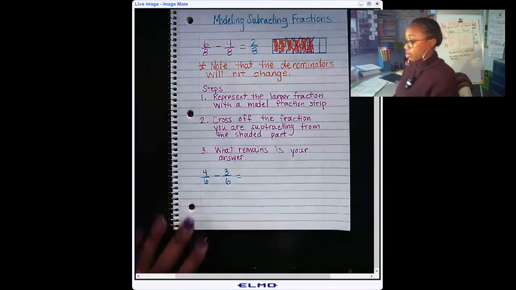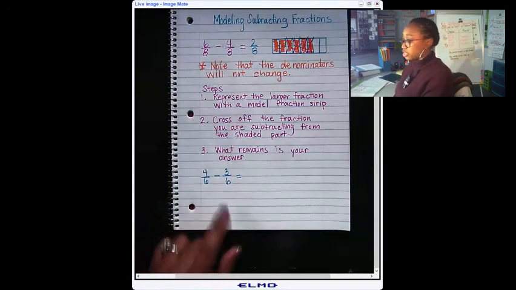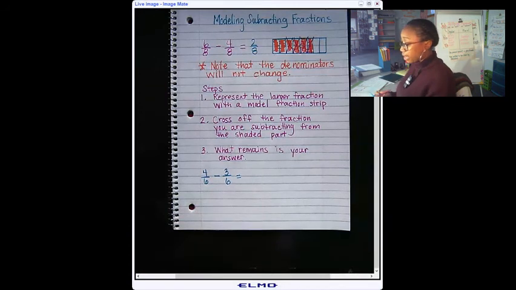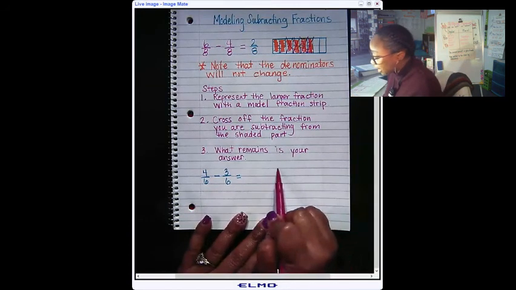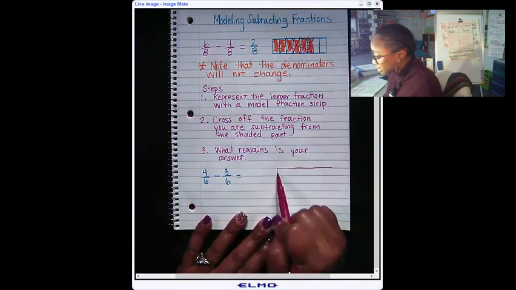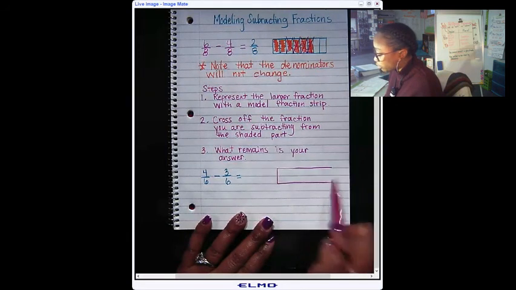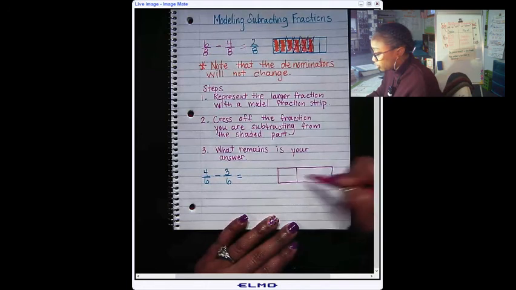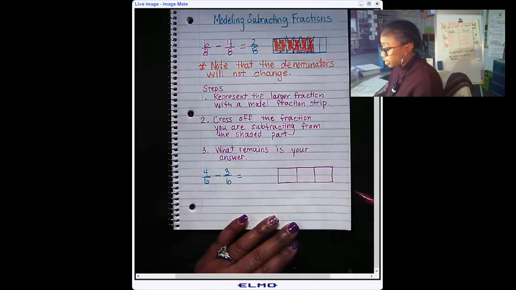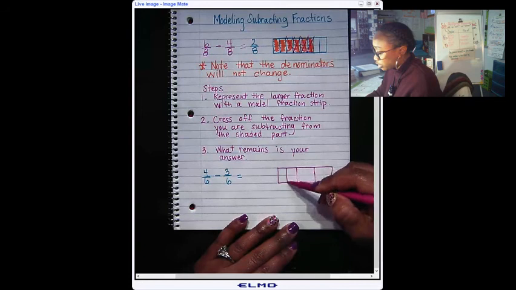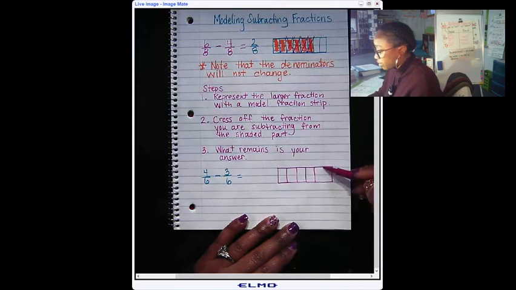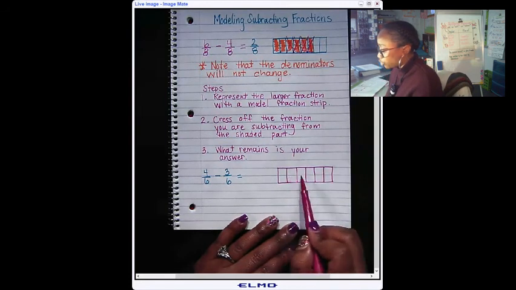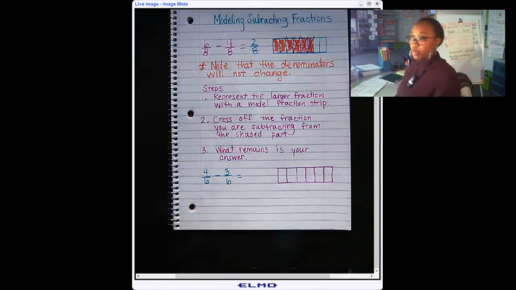I want to figure out what is 4/6 minus 3/6. On my model, that means that I am going to have 6 equal parts. So I'm going to take this and split it into thirds. Then I'm going to split those thirds into half. And now I have 1, 2, 3, 4, 5, 6 equal parts.